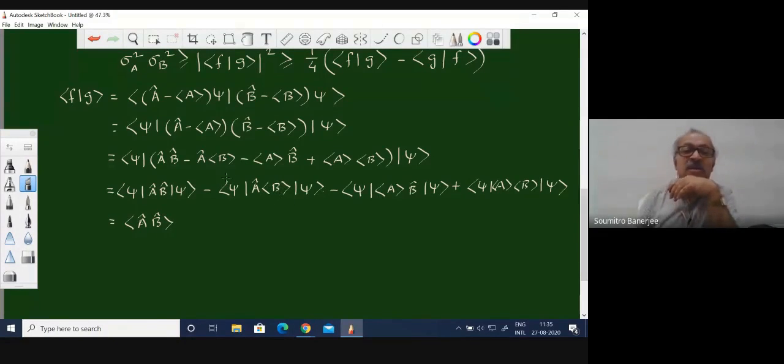I can take it out. And it is psi a psi, which is the expectation value of a, minus b has come out and the expectation value of a. This is a, which comes out because it is a number, and the rest remains the expectation value of b.